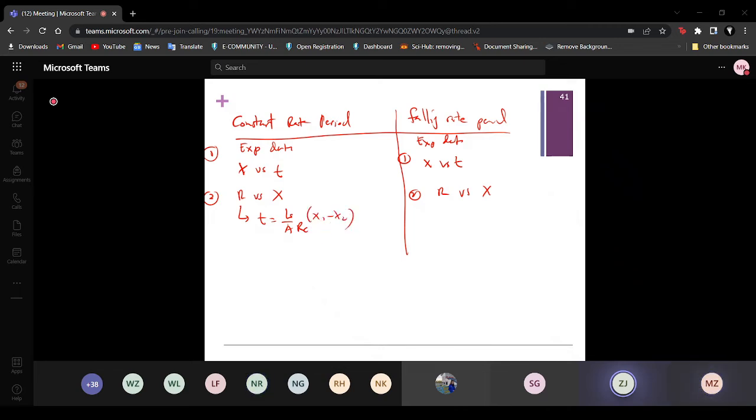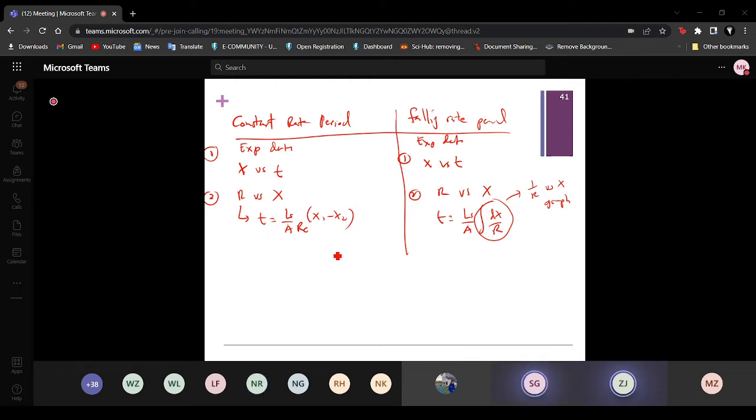This is the equation you can use for the constant period. For falling, T equal to Ls over A times the integration of dx over R. So you need to find the area under the graph of 1 over R versus X. Then you can use this one.